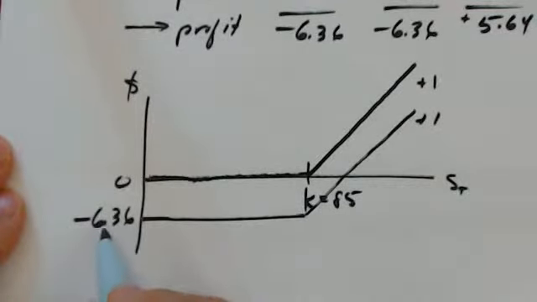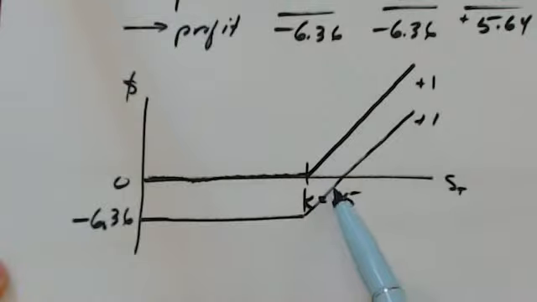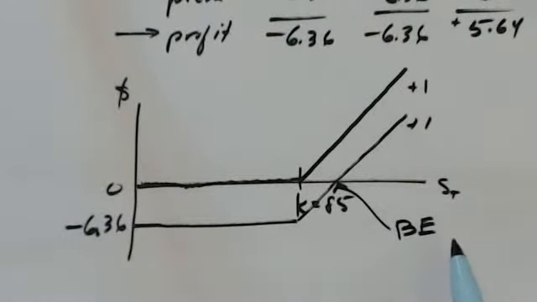So this is 636, and here you have graphically the payoff and profit profiles. When the stock at expiration falls below K, you're going to lose money, and you could even lose money if the stock is slightly above K. Remember, this is your break-even point, where your profits are 0.